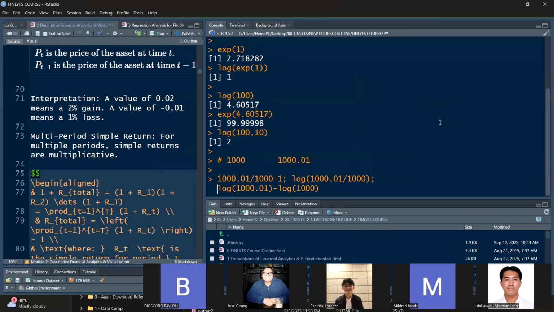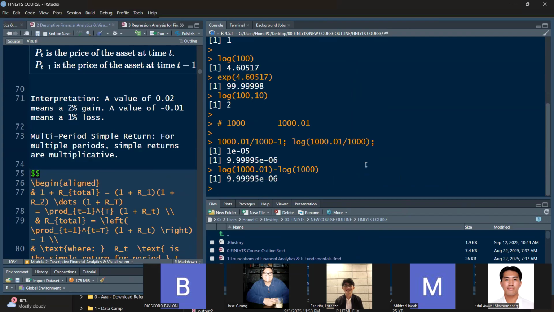Okay, take a look at what I wrote, class. I'm writing three numbers here. Simple return: price at time t divided by price at time t minus 1. The other one is log of p sub t over p sub t minus 1. Notice we don't subtract 1 here; here we subtract 1. And the other one is log of price at time t minus log of price at time t minus 1. So if you run this, class, Control Enter, what do you notice?